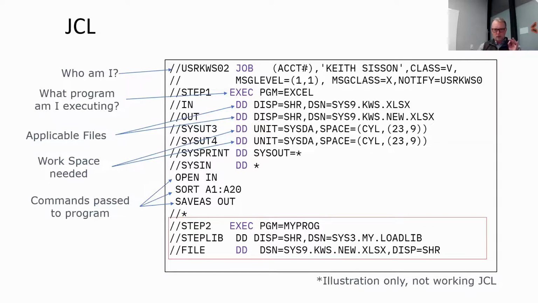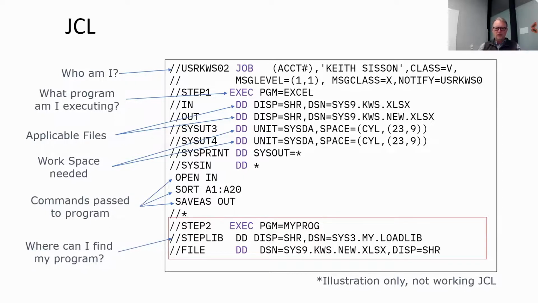So JCL is really very simple. It's just a way of initiating an automated workflow called a batch job. All right. So the STEPLIB is another way of showing where this program is located.